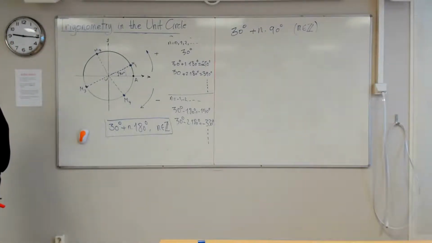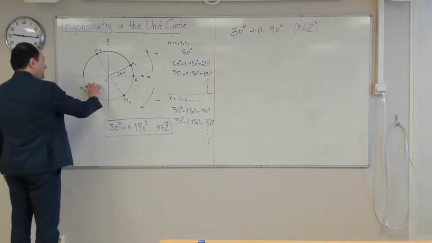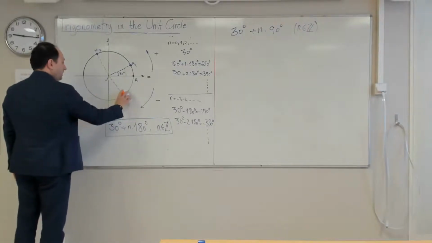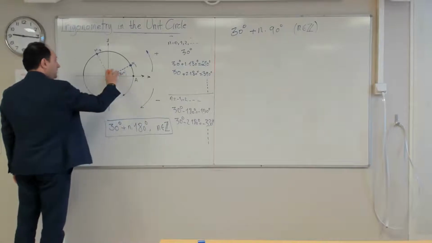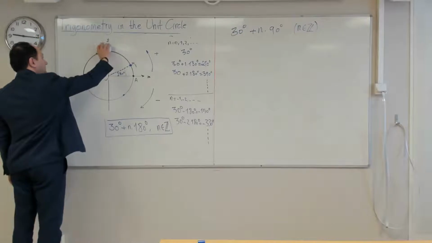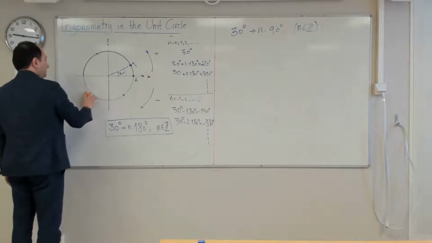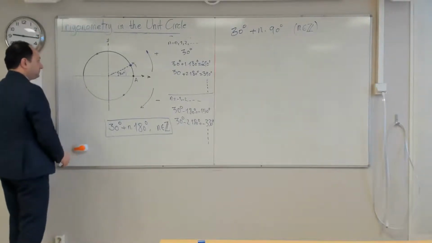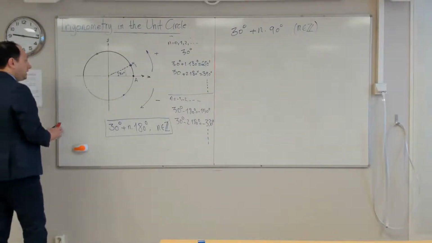So this is something that I wanted to discuss about. Let me ask you a little bit different question. These are, by the way, really, really important when it comes to the trigonometry of the unit circle. So let me clean this and now ask you this question.